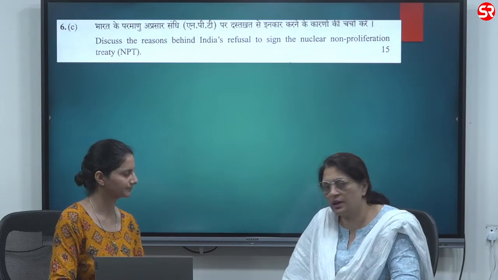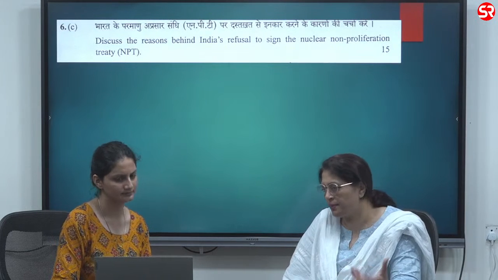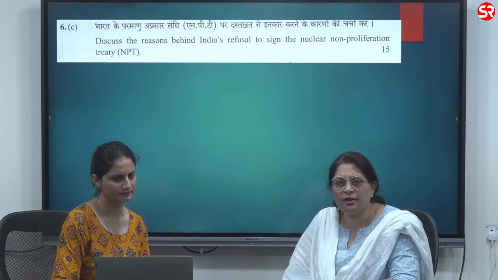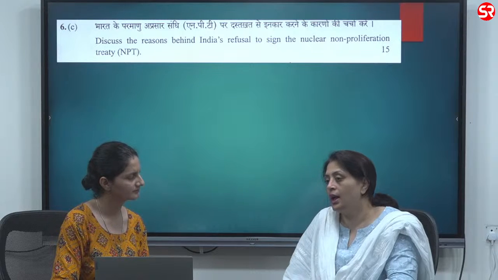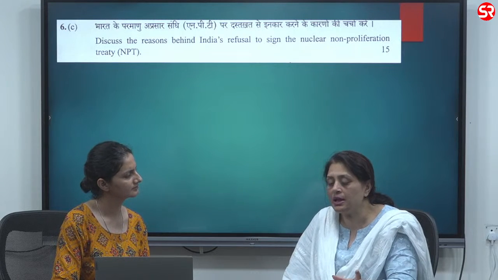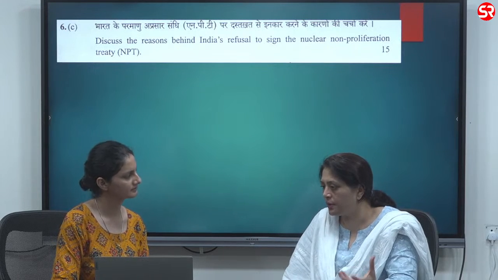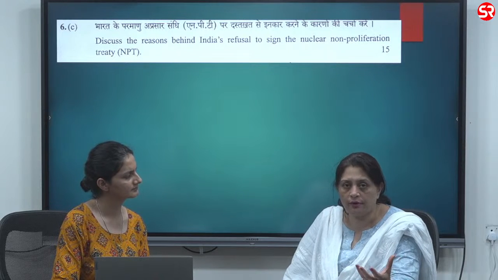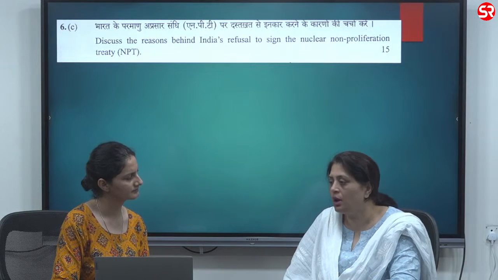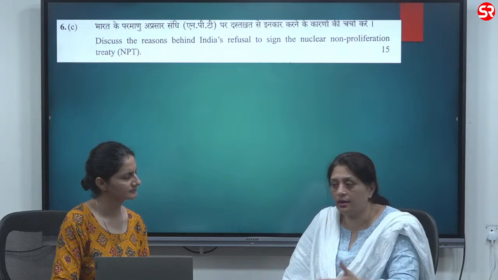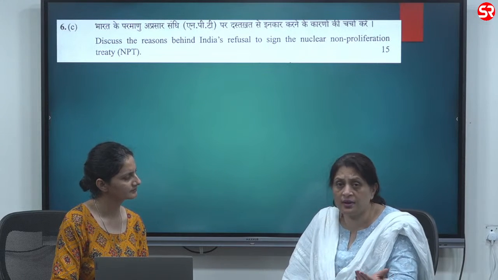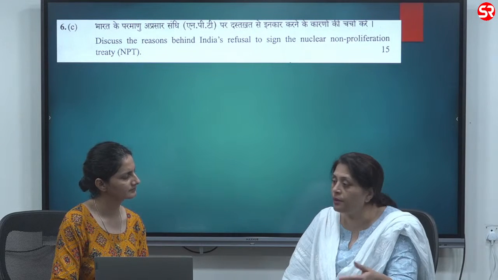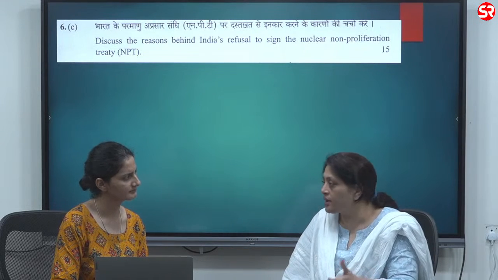Moving on, discuss the reasons behind India's refusal to sign the Nuclear Non-Proliferation Treaty. So you could have discussed what is NPT, what are its pillars, and just given the idea of current events, like the 10th NPT review conference has happened. NPT has been the foundational principle of the global nuclear non-proliferation architecture, but the 10th review says that the architecture is crumbling. India's argument from the very beginning is that it's a discriminatory treaty.